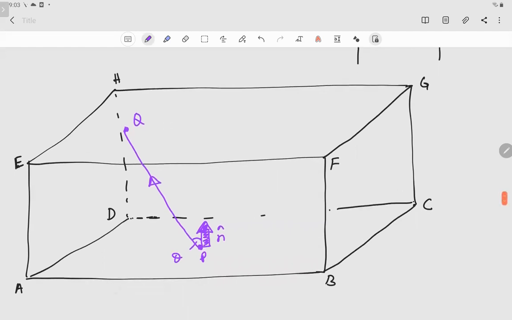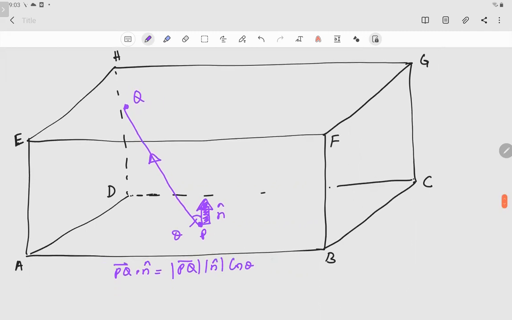Now the dot product of PQ with this unit vector n gives you what? It's PQ magnitude, n magnitude, and cos of theta. Since n is a unit vector, it's PQ cos theta.